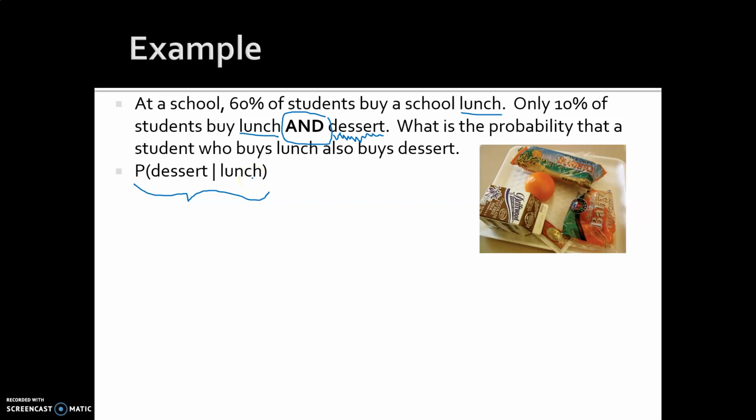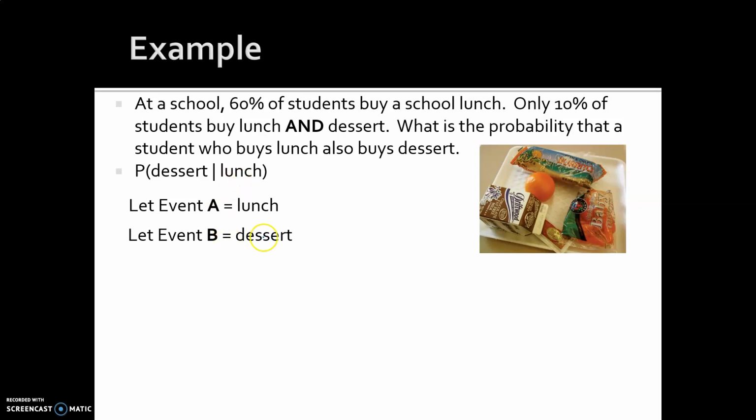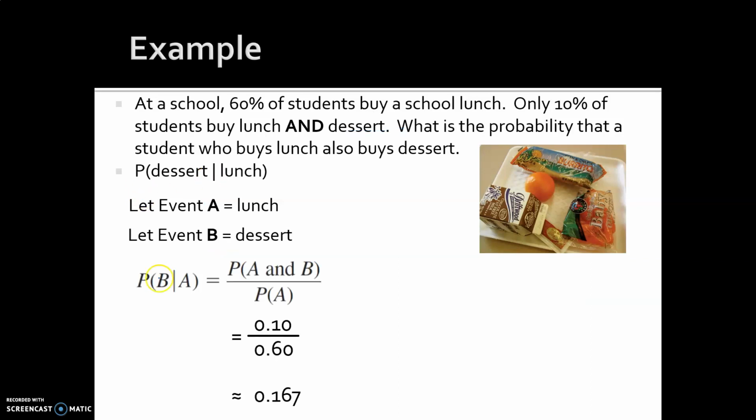So let's define our events here. Let event A be that the student bought lunch. Let event B be that the student bought dessert. And remember, A and B together is lunch and dessert. So I'm going to take out that trusty equation here that we just figured out.